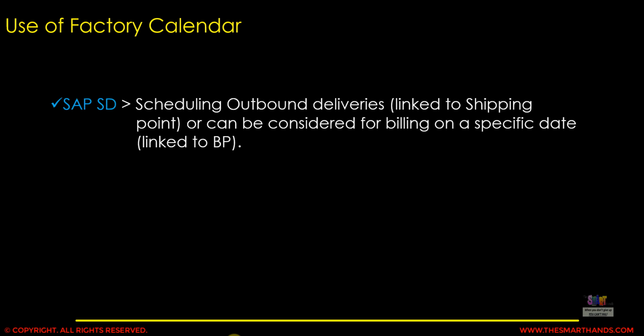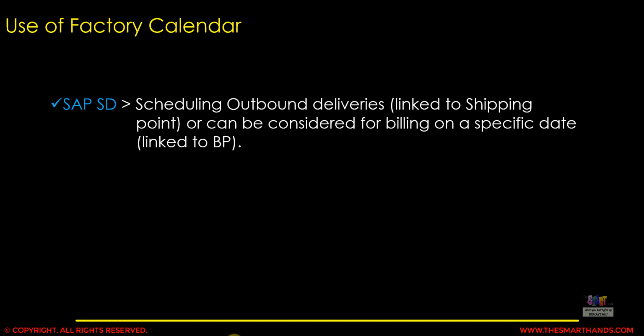Use of the factory calendar. In different modules in SAP, there are different uses. I'll mention a couple here, and in a later part of the video I'll show you how they are linked. For example, in SAP SD, when you need to schedule outbound deliveries, we link it to the shipping point.